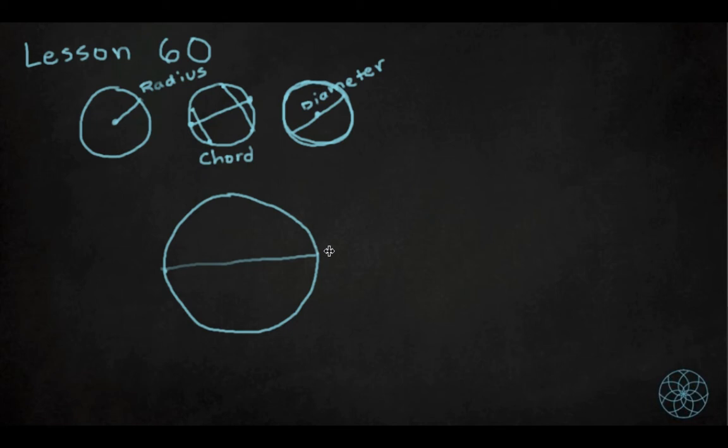Even back in ancient times, people learned that if you took the length of this diameter, so you cut this piece of string, it would take 1, 2, 3, and a little bit more of these diameters to go all the way around the circle.